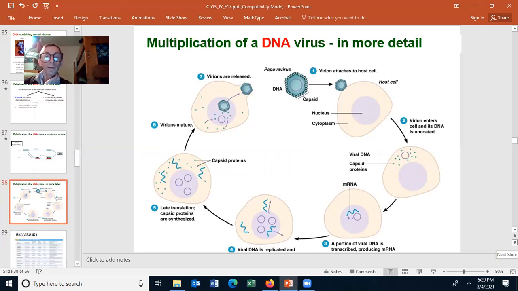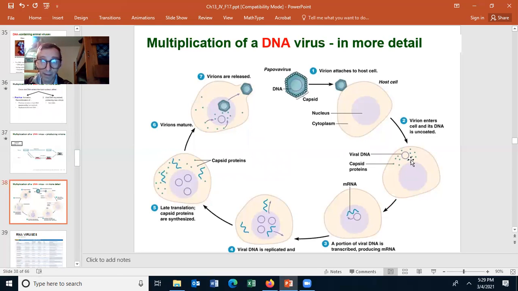This slide is showing you the multiplication of a DNA virus in more detail. The DNA virus attaches to the cell membrane of the cell and gets inside the cell. The vesicle is degraded, releasing the virus in the cell.